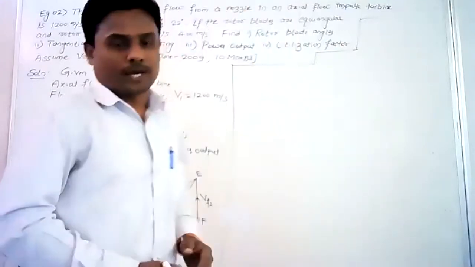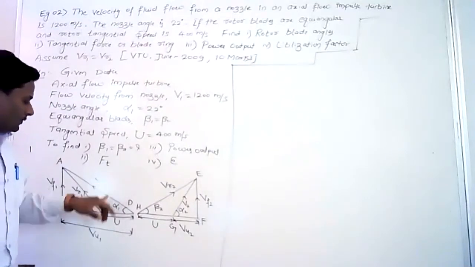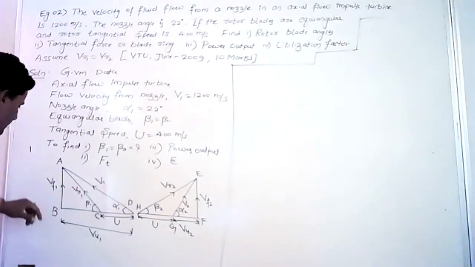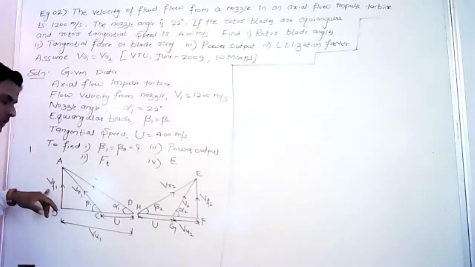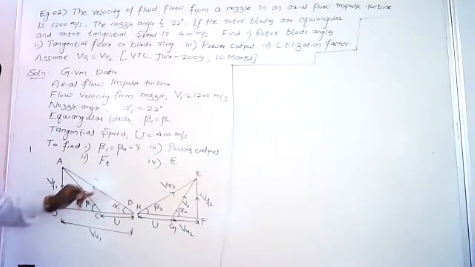So here we know the value of V1 and we know the value of alpha 1. So can we get the value of Vf1? Yes. Use the right angle triangle ABD.